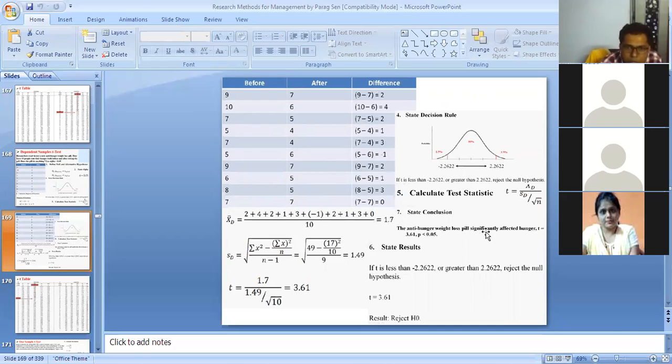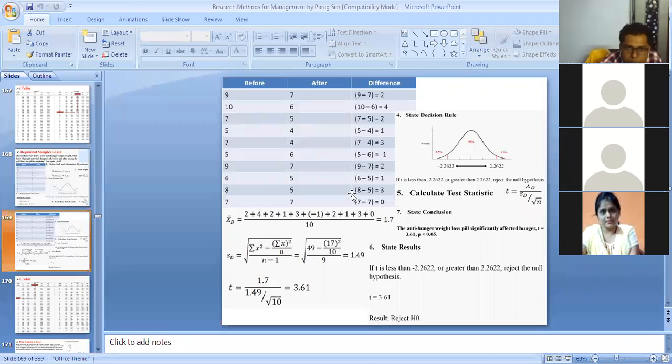You put this value 1.7 here, and root n is root 10, the sample size. Then you need to find the sample standard deviation SD. The formula is given by this.